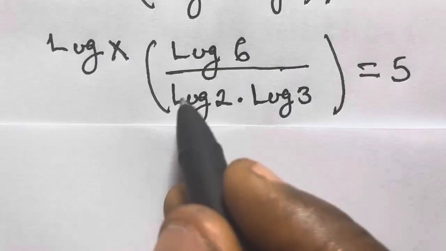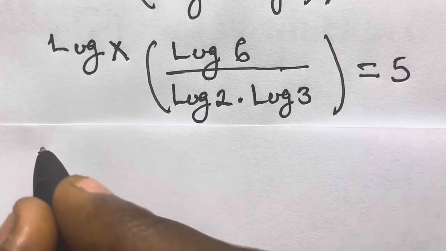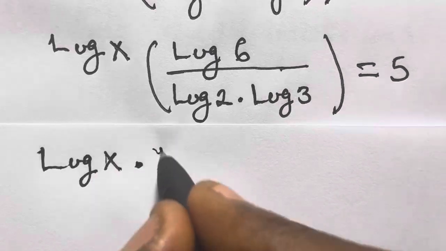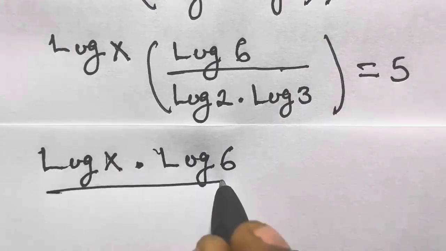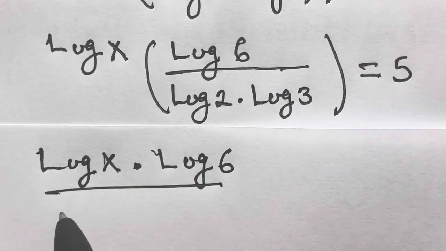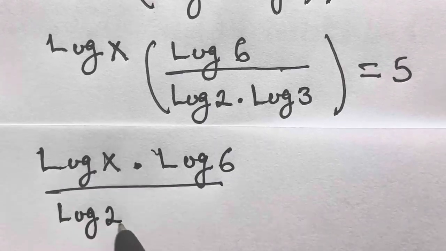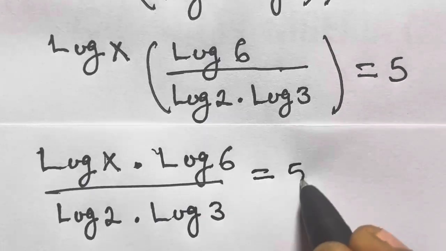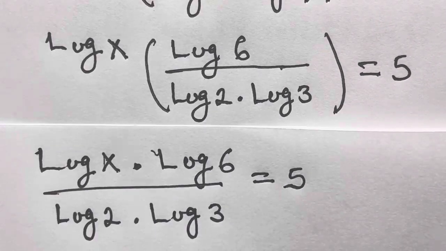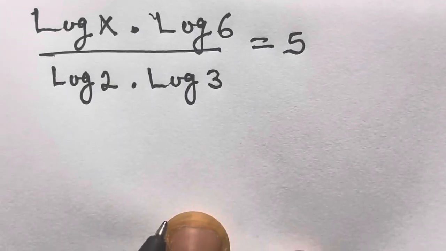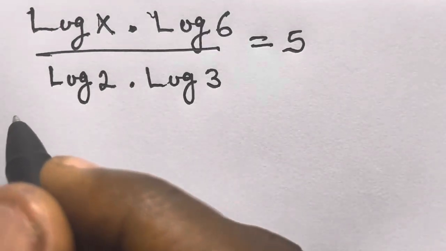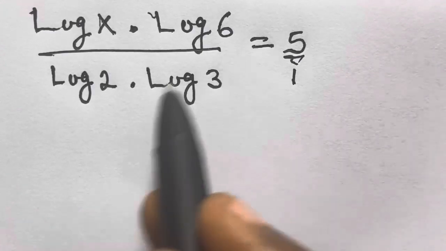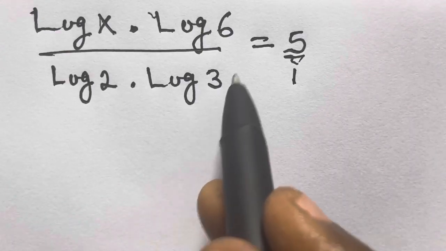If you multiply this back, we have log x times log 6 divided by log 2 multiplied by log 3, equals 5. From here, if we cross multiply, we have log x times log 6 times 1, then log 2 times log 3 times 5.